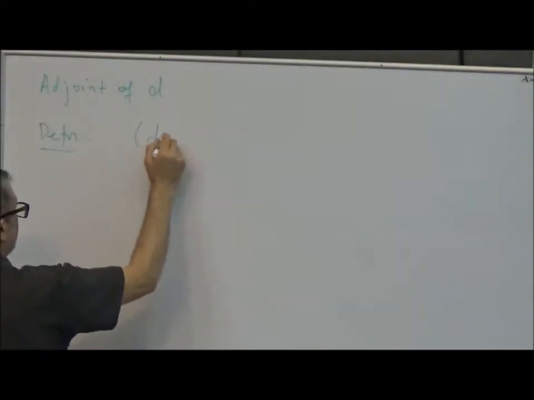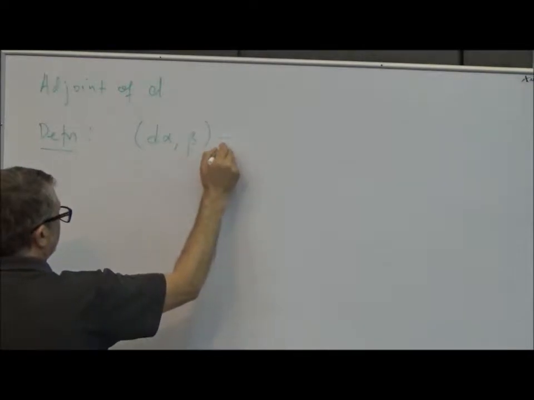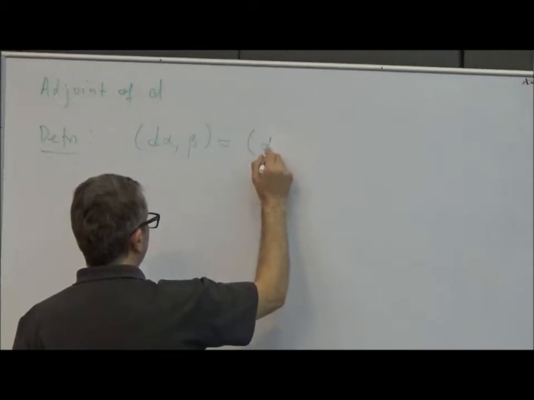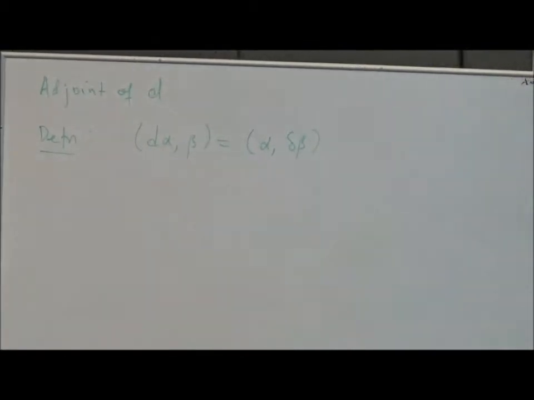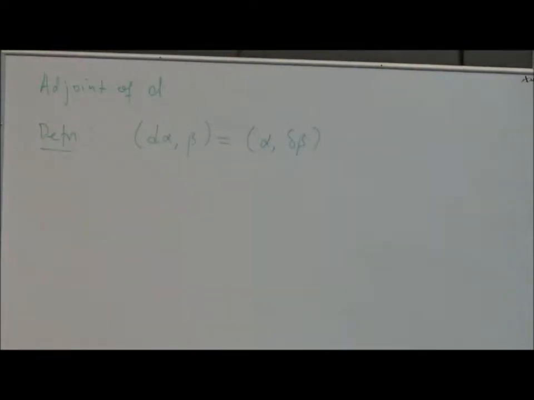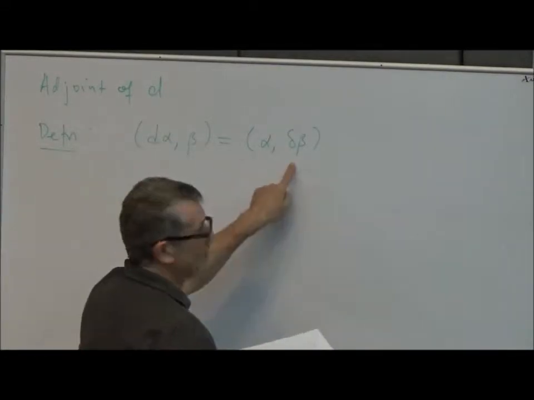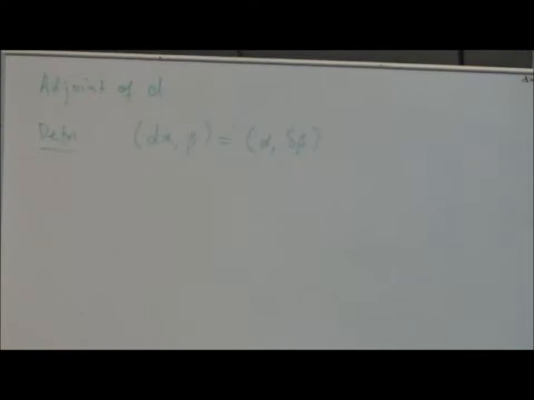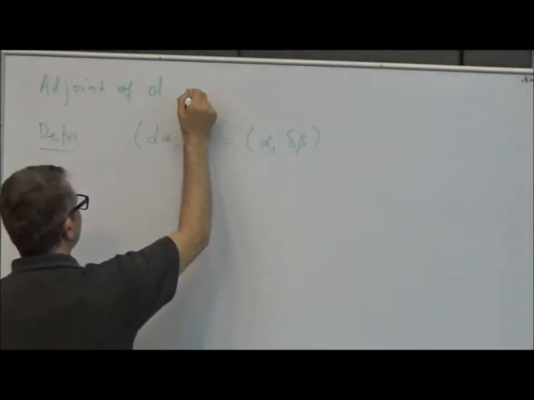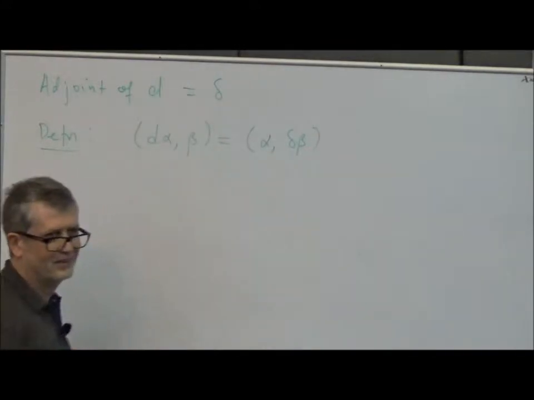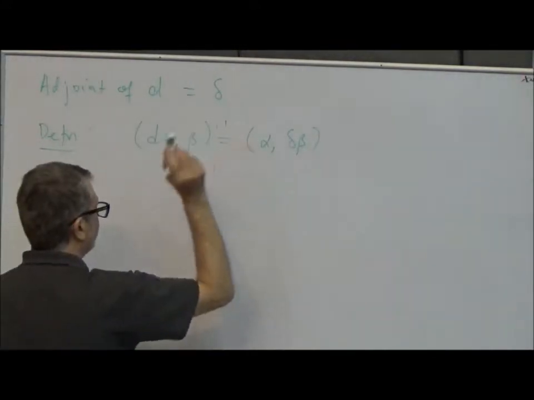So d alpha, beta is by definition... it's exactly the right moment, thank you. It's a great formula. So that's a definition of the adjoint of d. So delta is the adjoint.